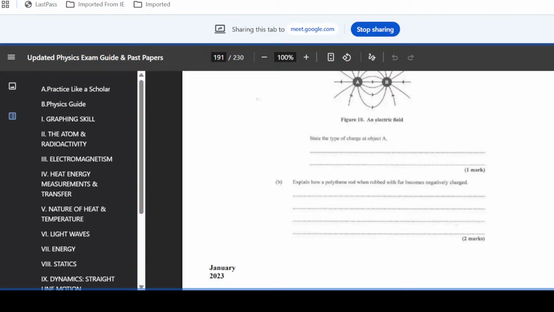What's going to happen? What are they testing here, to see if you realize what's going to happen when Q is brought close to this bigger sphere?